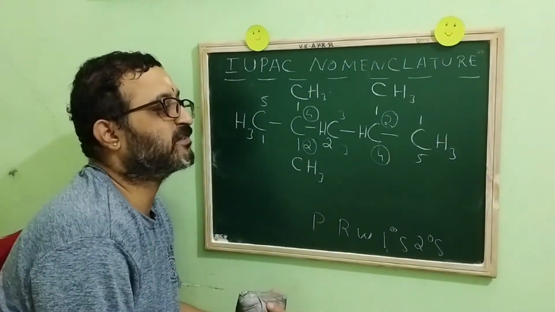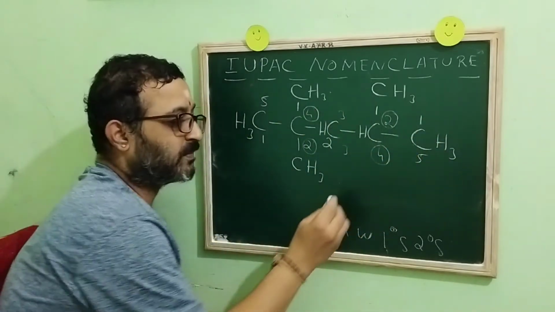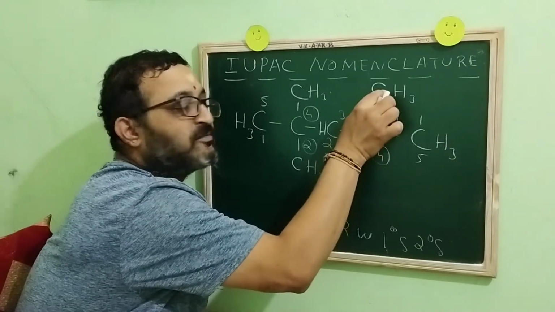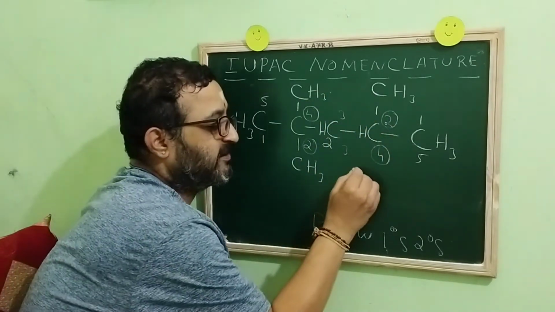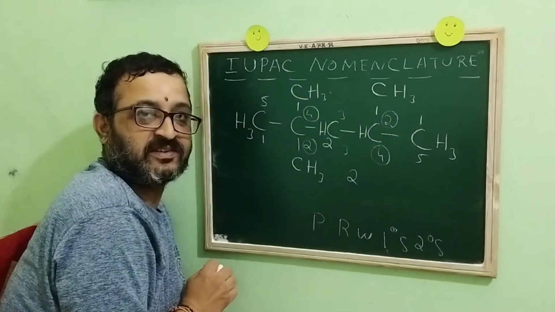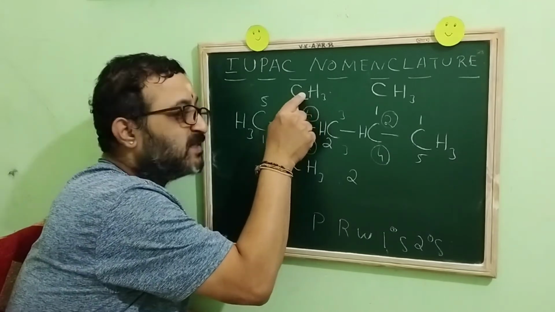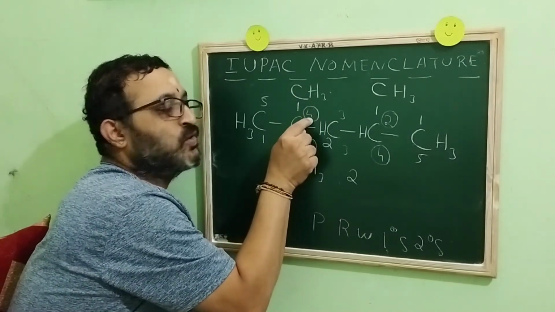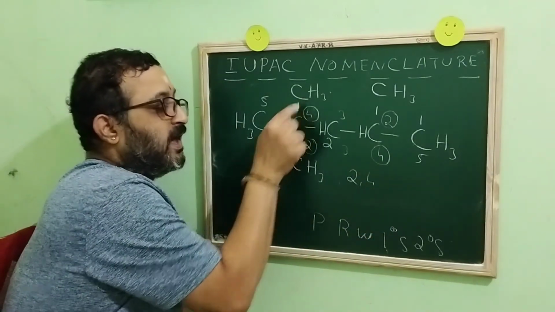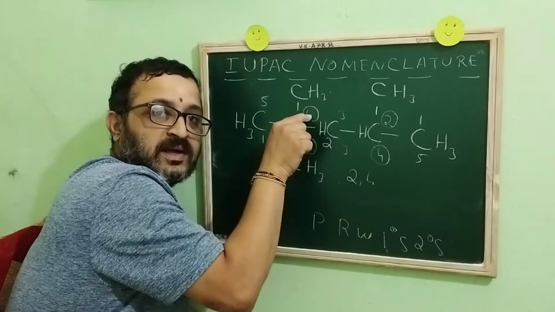Now children, first of all, I will consider right to left. For which and all carbons the substituent groups are attached? Yes sir. To the second carbon, one substituent is attached. Now, what is the position of this substituent, that is methyl? Sir, it is attached to fourth carbon. I will write 4. Again, this methyl is attached to which carbon?